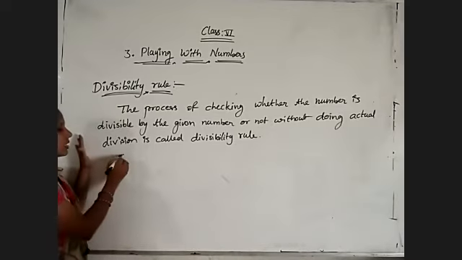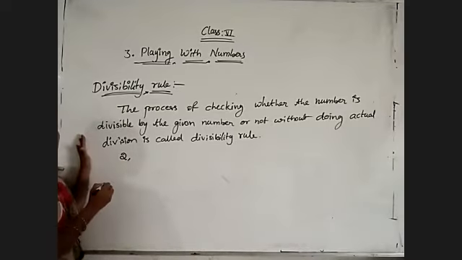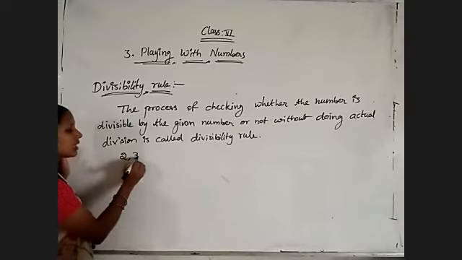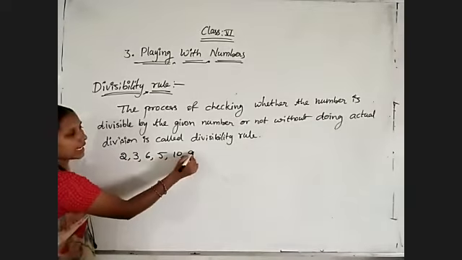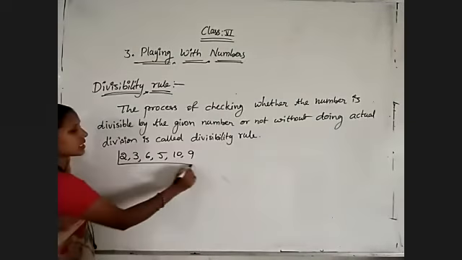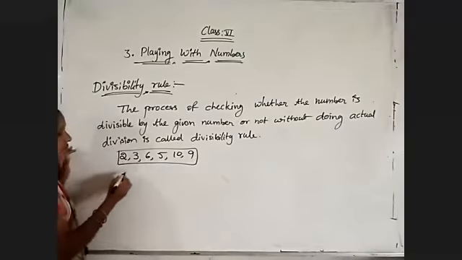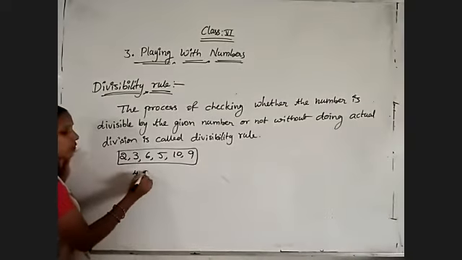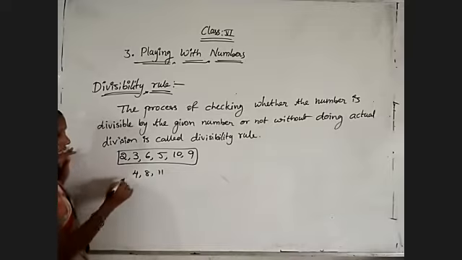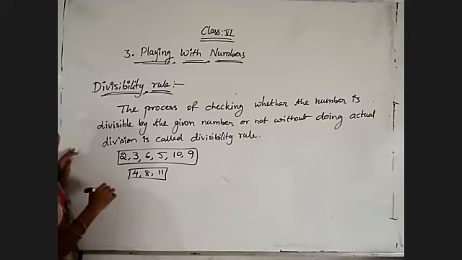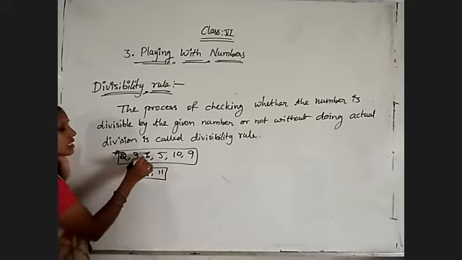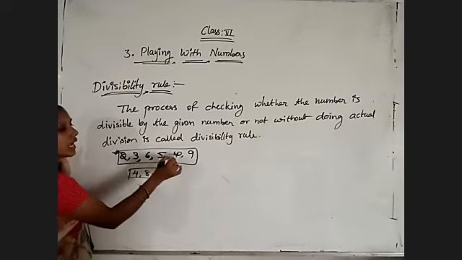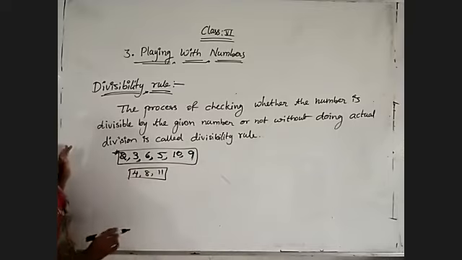First we are going to learn the divisibility rules of 2, 3, 6, 5, 10 and 9. Okay, these 6 numbers we will learn first. After that, 3 more numbers, 4, 8, 11, we will learn afterwards. Okay.